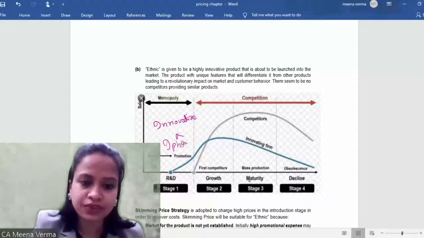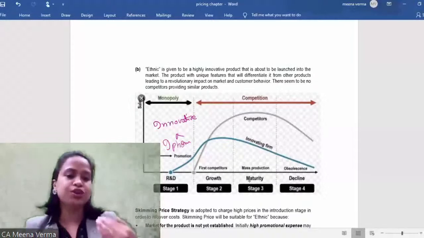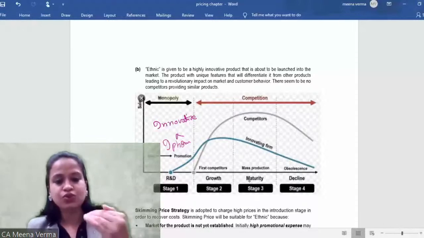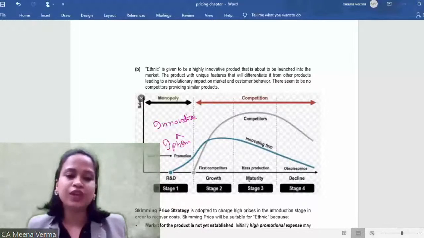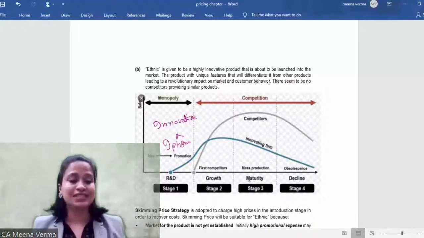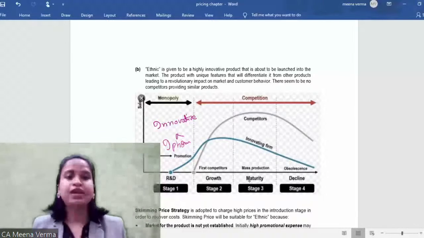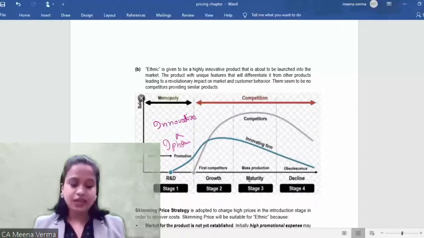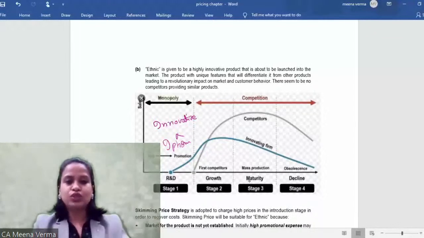Once you introduce a revolutionary product, you can create a monopoly, but only up to the introduction stage, because once you reach the growth stage, other people will start copying you. Samsung and other phone companies started copying them, and once they reach maturity, there are more competitors and the competition becomes intense. Now in the smartphone industry, you can see many competitors. So this is how it happened.